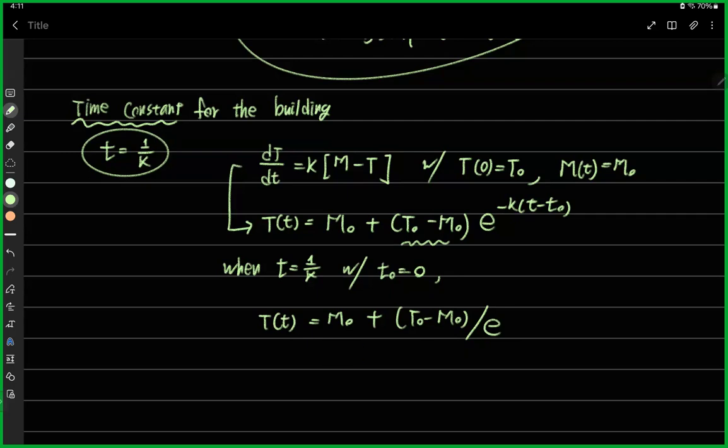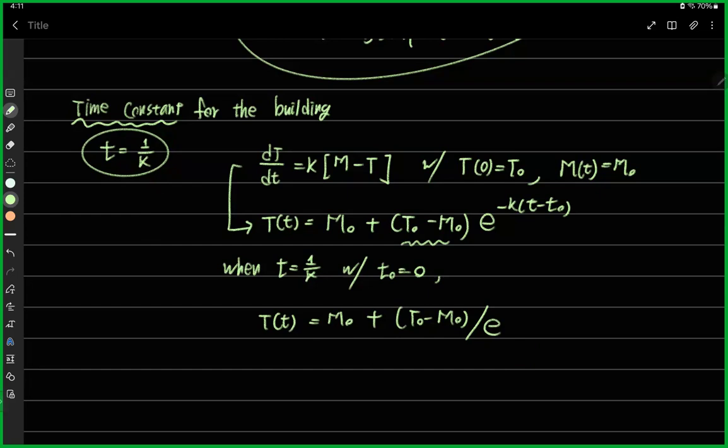So now, at a certain time t, we make this into a constant, called the time constant, actually. What time do we get the constant? 1 over K.